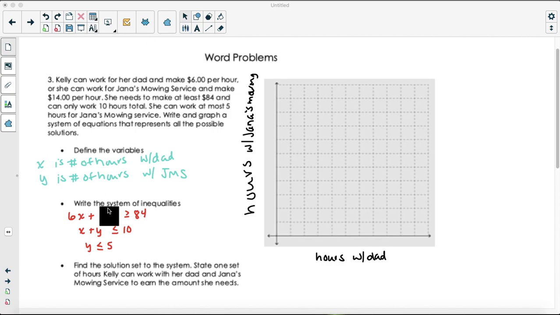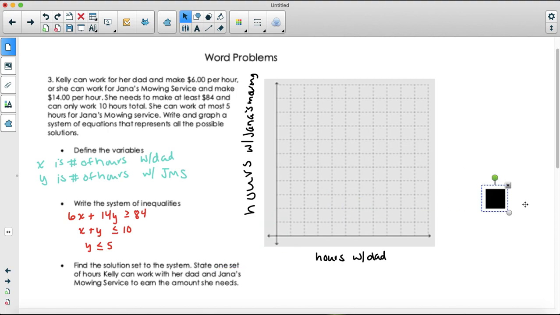So what could we count by? For the x's, I have to go up to 14. So I could count by 2's on my x's, or I could just count by 1's and go off the graph a little bit. I think I'm going to do that. I'm going to count up by 1. So 1, 2, 3, 4, 5, 6, 7, 8, 9, 10, 11, and I'll do 12, 13, 14.